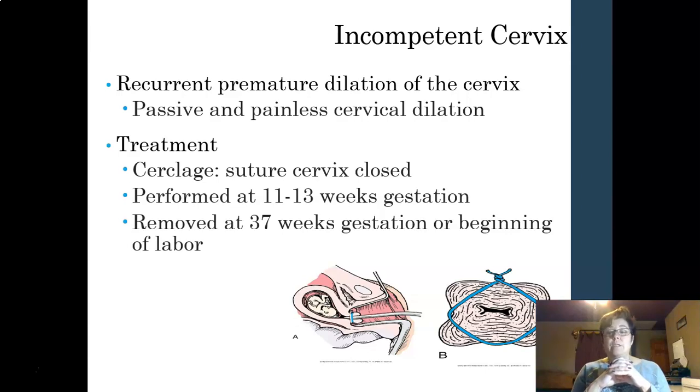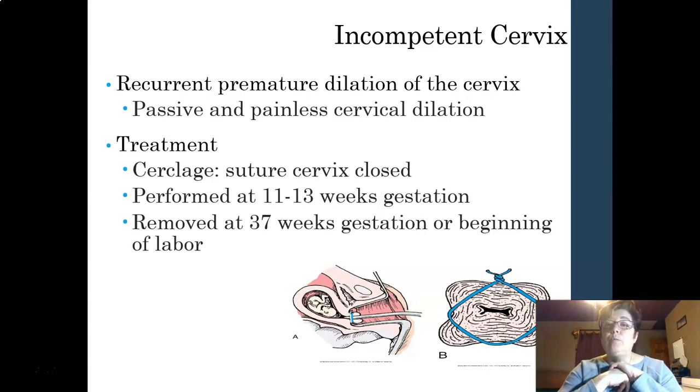For some reason, and we don't really always know why, it just dilates. And then she miscarries. If the cervix is open, there's nothing holding that pregnancy inside. So then she miscarries. Okay, and this usually happens about 14 weeks, 15 weeks, when the pregnancy starts to get too heavy. And so when the incompetent cervix opens, she miscarries.